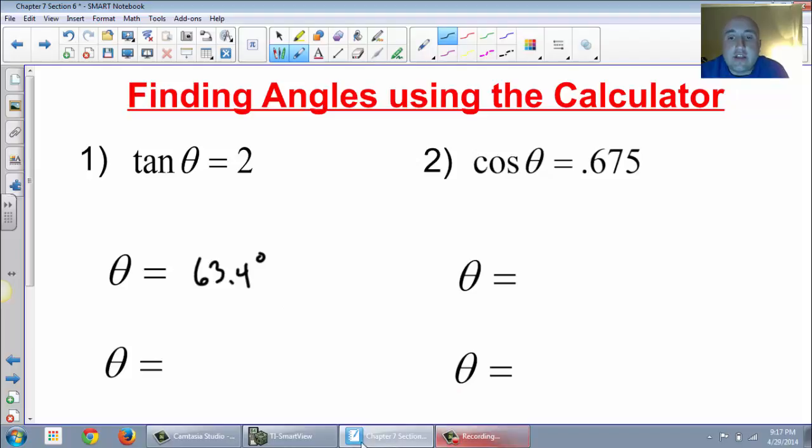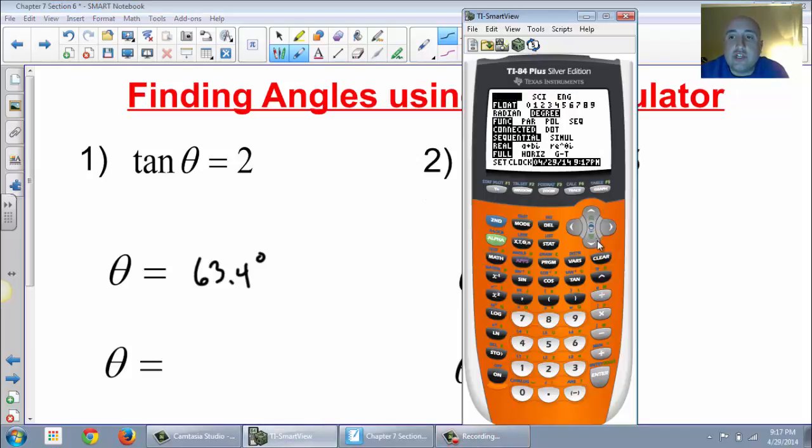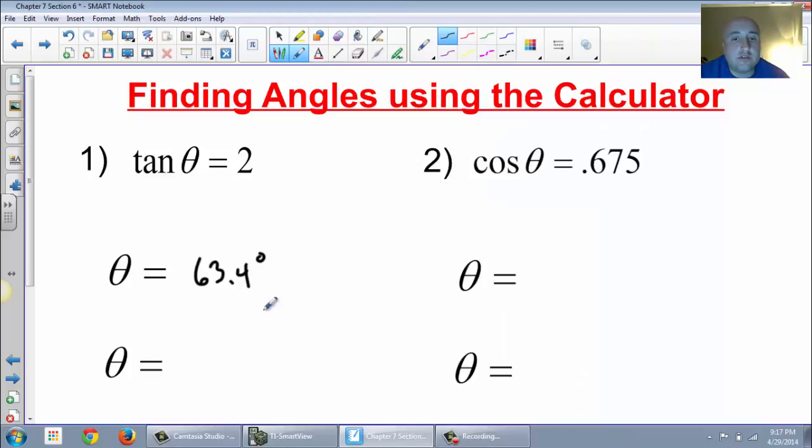Now, if I go back to my calculator and I change my mode to radians, this will give us our answer in radians. So second tangent of 2, and it's 1.1 radians.